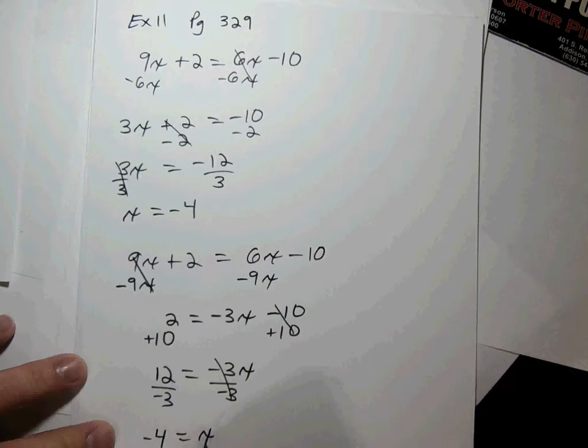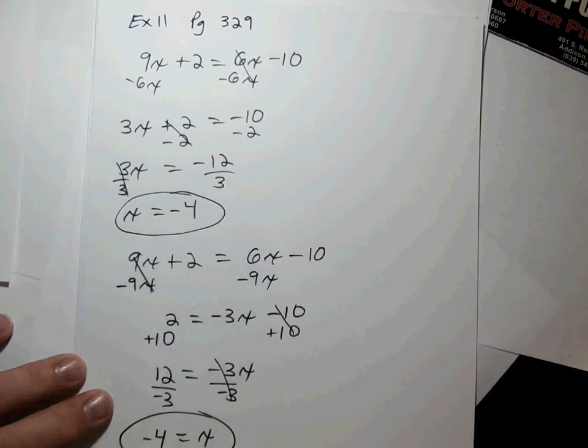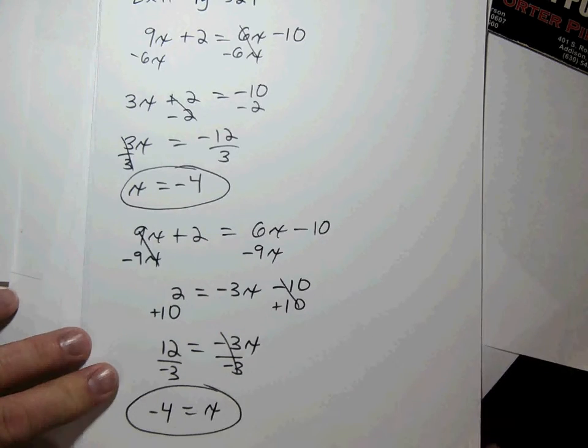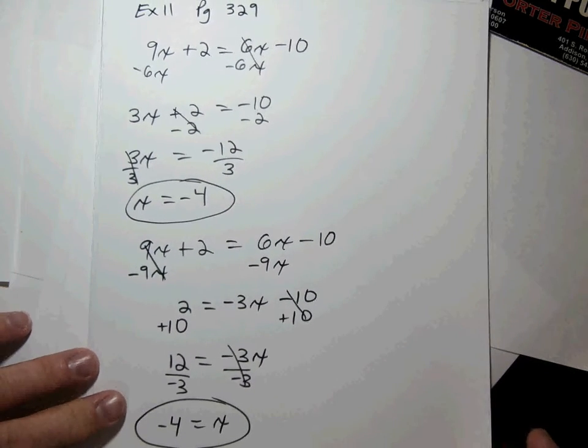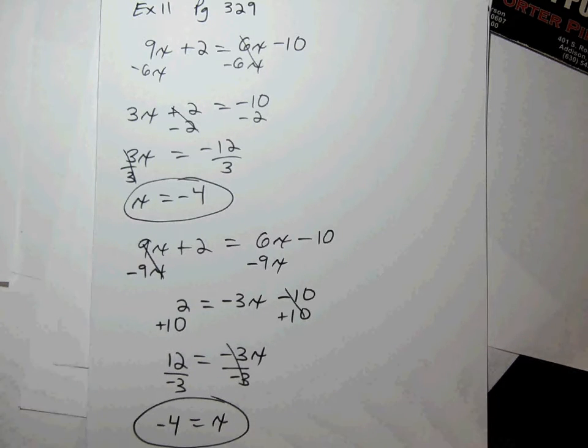I get negative 4 equals x in this case, and I get x equals negative 4 in that case, and those two things are, of course, the same. Okay? So it makes no difference, okay? Sometimes one way versus the other may give you fewer negative signs or something to deal with, but that's really random unless you're able to spot it, okay? You notice we had negatives to deal with in either case, okay?